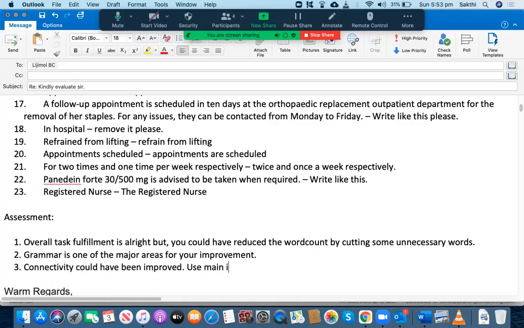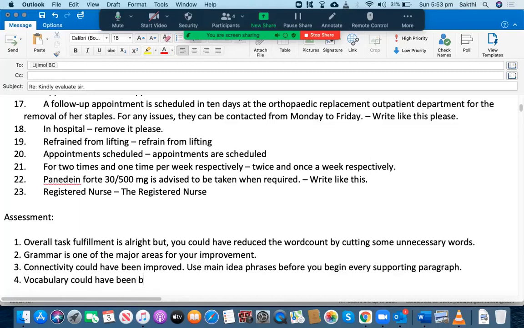Use main idea phrases before you begin every supporting paragraph. Okay, vocabulary could have been better because you have used the same words. Okay, use some synonyms if you can.